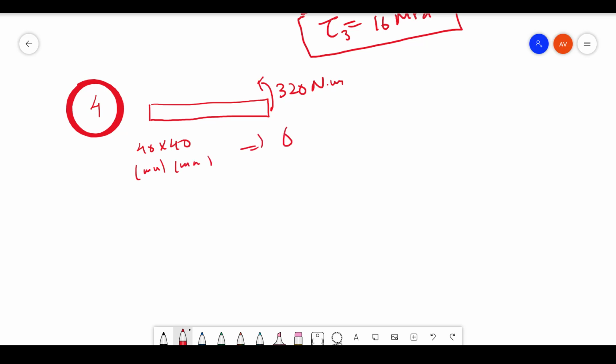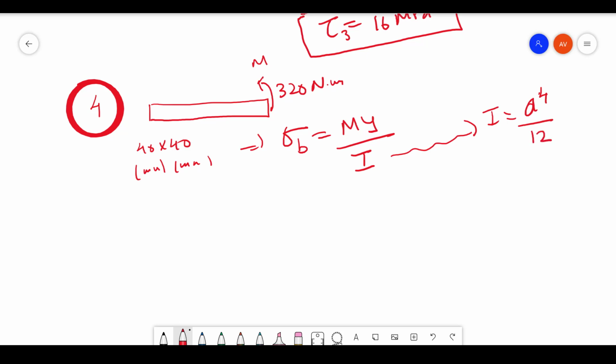Because of this bending moment, we're going to get some bending stress, which is My by I, like in the previous case. Here your I is going to be a raised to 4 by 12.